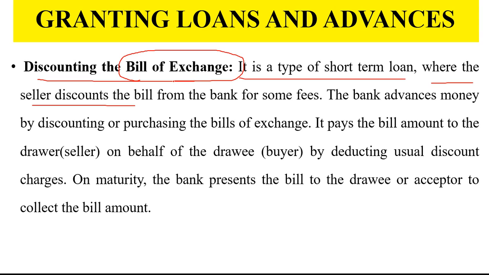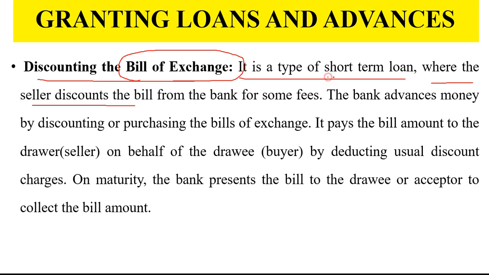At that time, as a safeguard or as a guarantee, the seller draws the bill on the buyer. Now, discounting the bill of exchange: the bank can discount the bill of exchange.